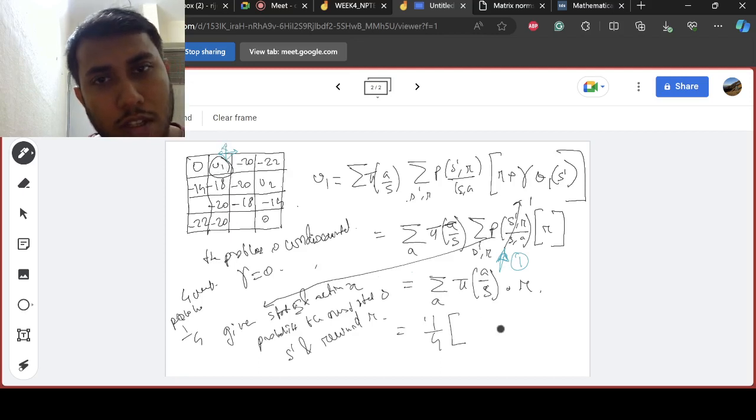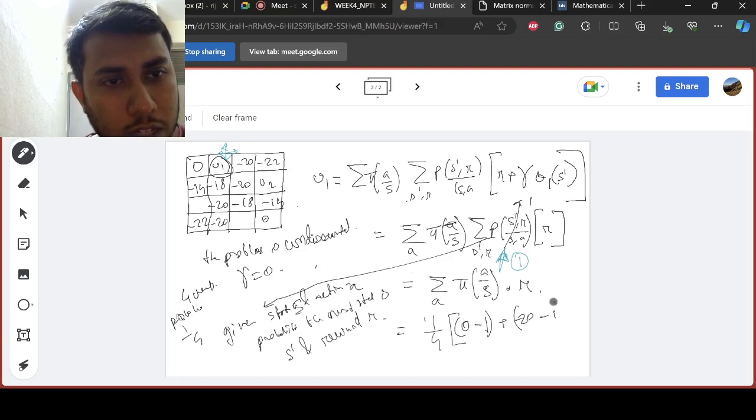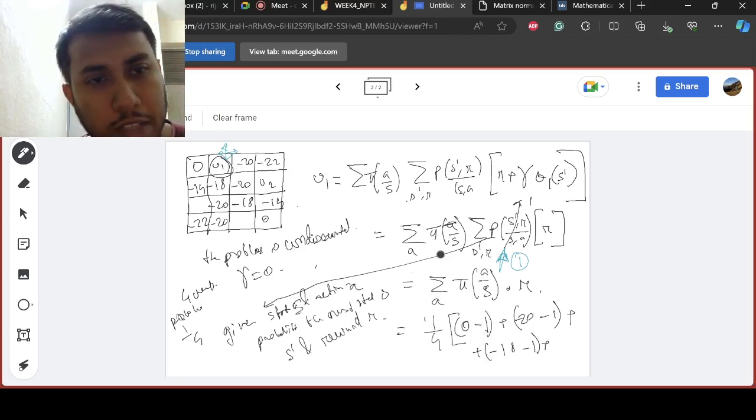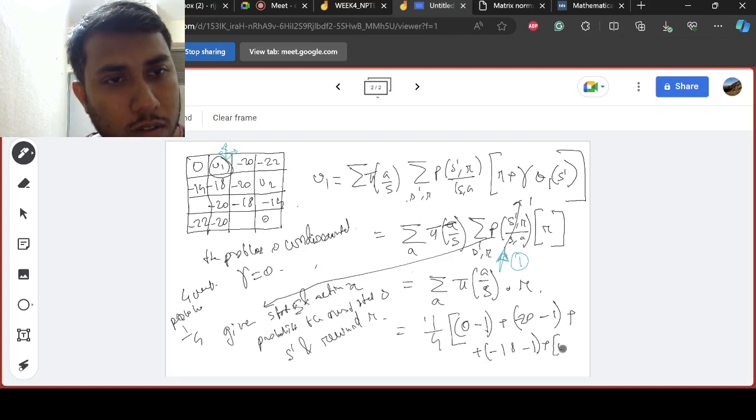If it goes left, the reward is 0 and the constant -1, plus if it goes right, -20, -1, plus if it goes to the bottom, -18, -1, plus if it goes top, it comes back to the same place, so V1 -1.